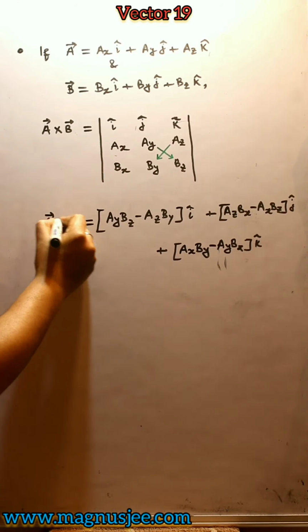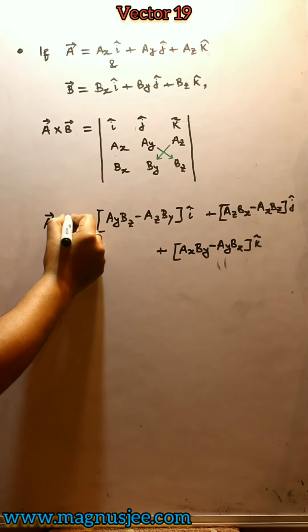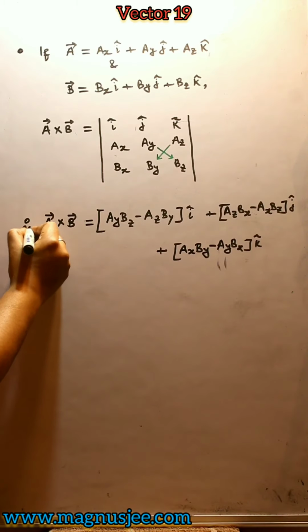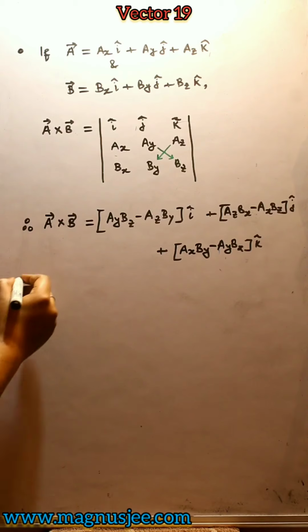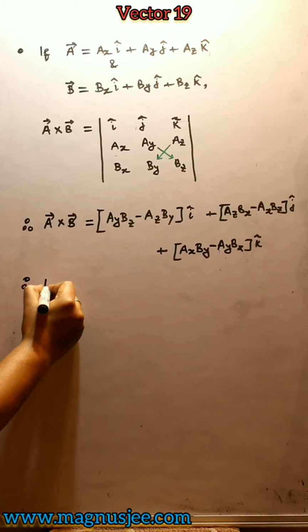This is vector A cross vector B. Vector A cross vector B contains i cap, j cap and k cap. That's why it is a vector.